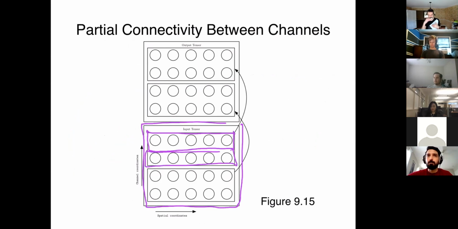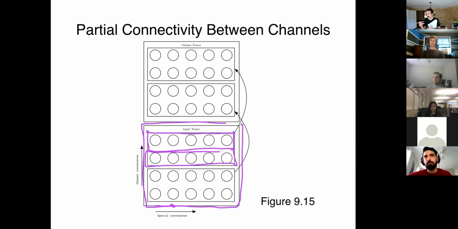Each of those is a different channel. And the x-axis here are the spatial coordinates. You should think about this as 3D because these are tensors, right?